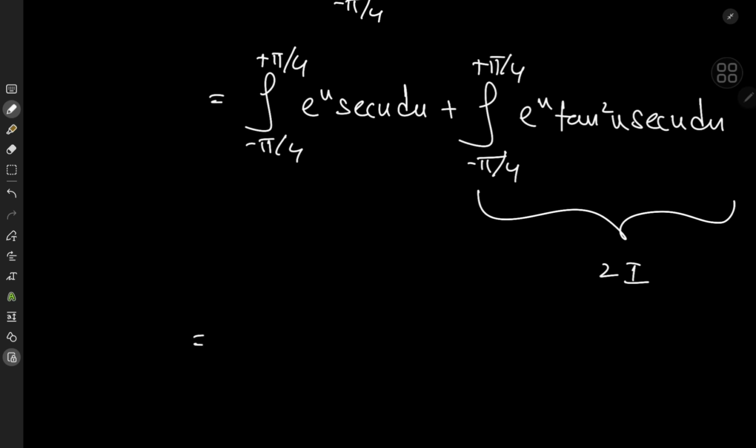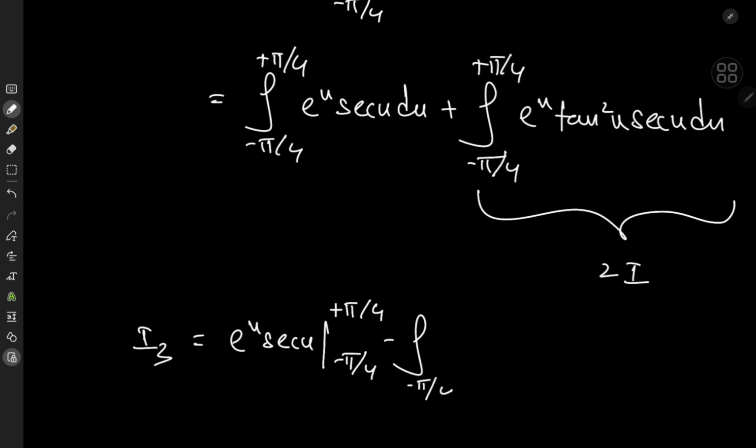And for the first integral on the right-hand side, let's use integration by parts, giving us e to the u times secant u, with the limits being negative and positive pi by 4, minus the integral from negative to positive pi by 4 of e to the u times differential secant u, plus 2 times I.